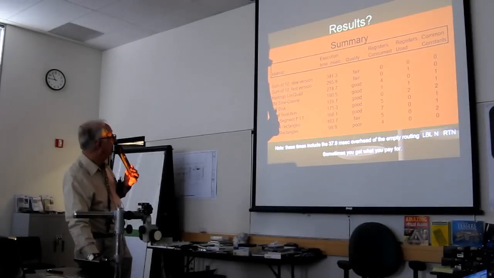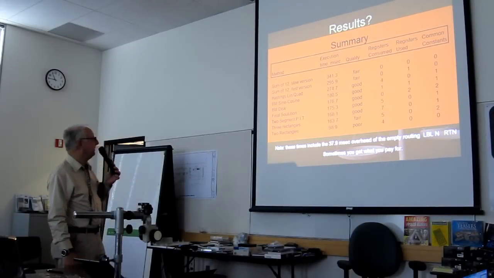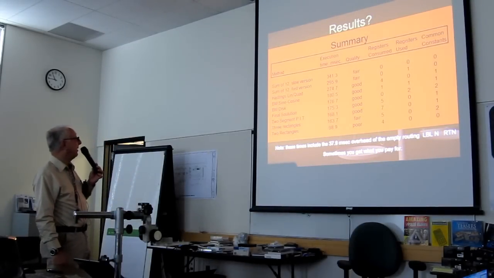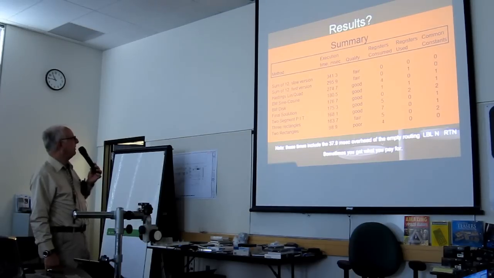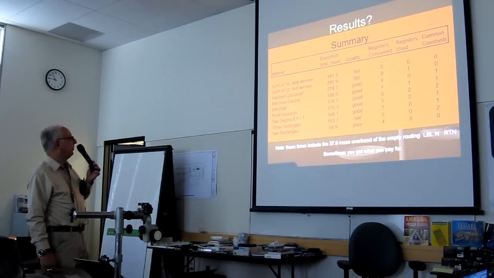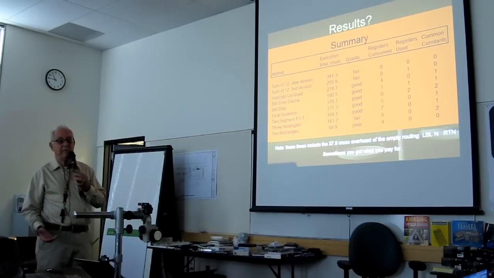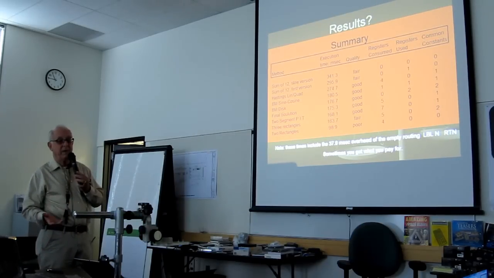And here's a summary of different methods that I've tried. And as you can see, the sum of 12, oh, that's another thing, a slow version. The slow version of the sum of 12 is you generate a random number, then you generate a second random number and add it, and a second random number plus, and a second random number plus. That's the slow way to do it.